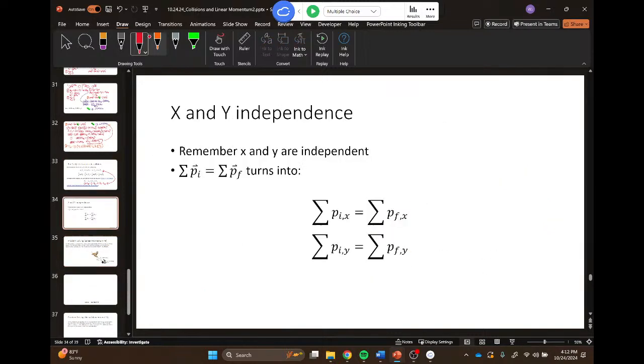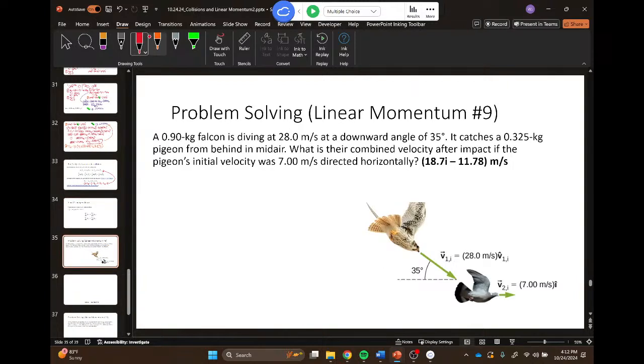Boom, boom. Okay, don't forget X and Y are independent. Let's see. We got 8. Yeah, see if y'all can build the equation. Look, you all know this is going to be true. So let's just jump kind of to step 3.